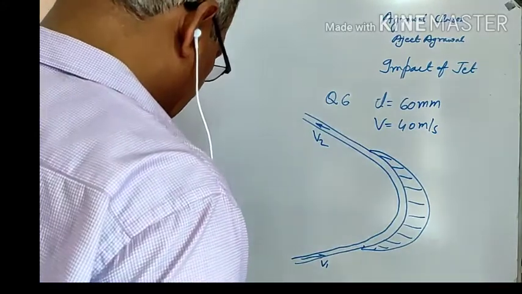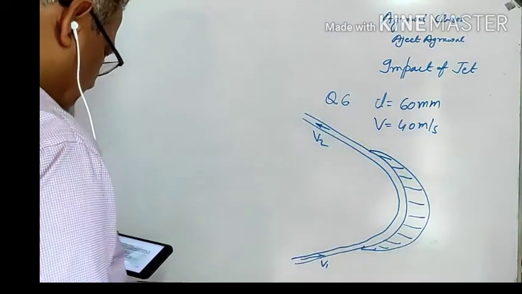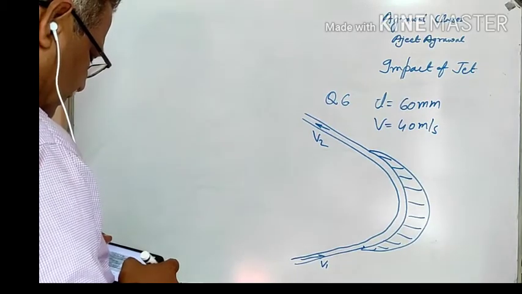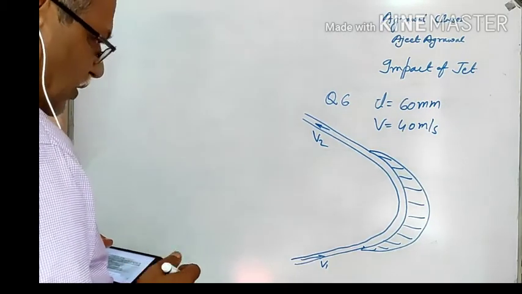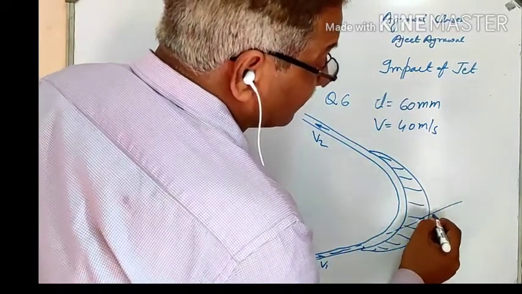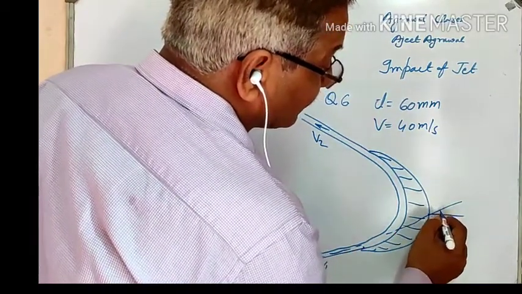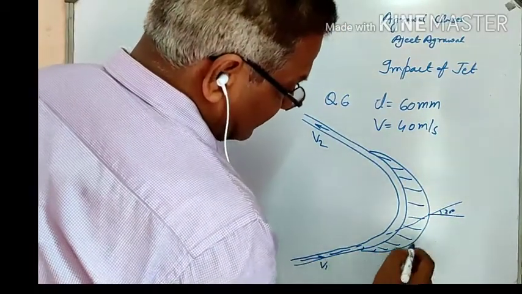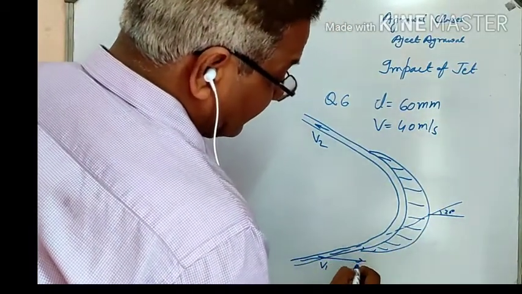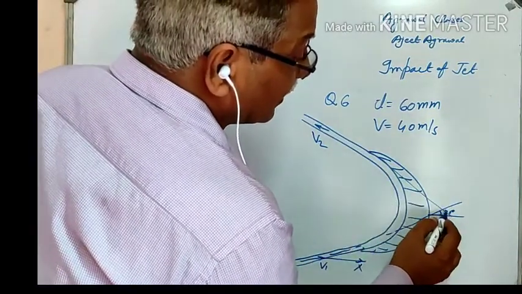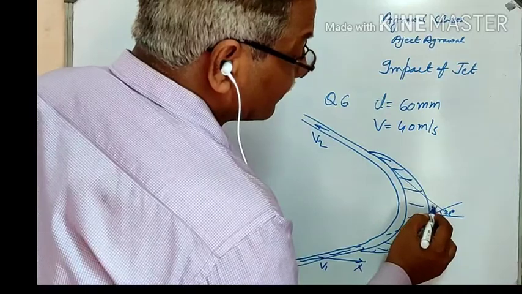The angle at the inlet is 30 degree to the horizontal. So this one is making an angle of 30 degree with the x-axis. This is the x-axis, and the other one is making an angle of 20 degree.